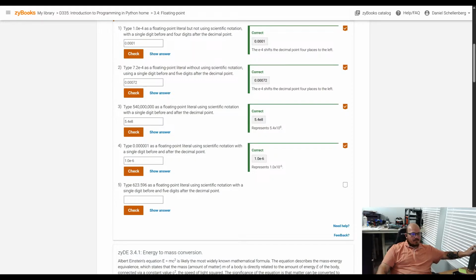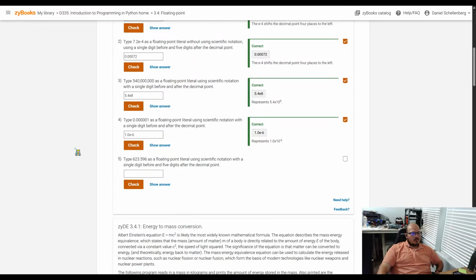All right. Type 623.596 as a floating literal using scientific notation. Okay, so this is a decimal place, and this was not a decimal place. Based off what we were doing up here, I want to do the same thing.